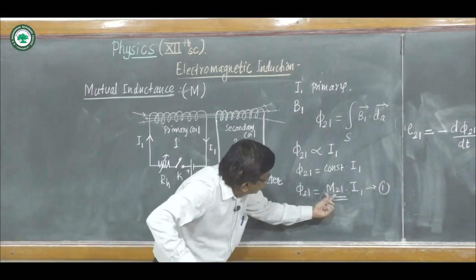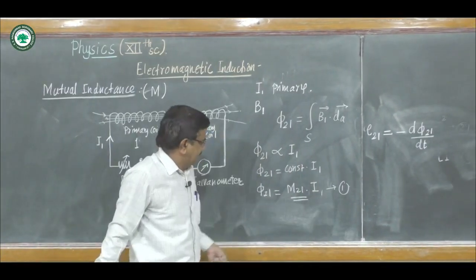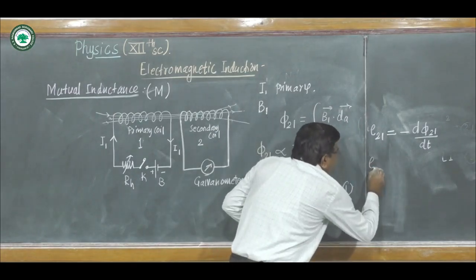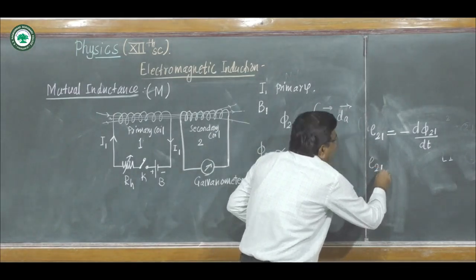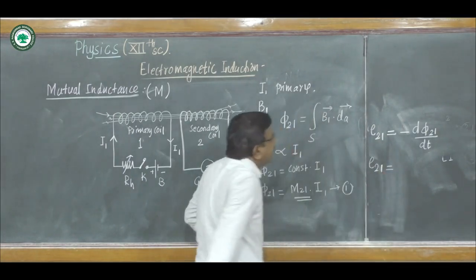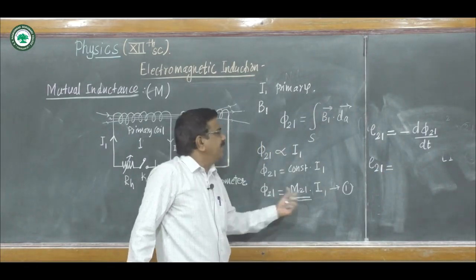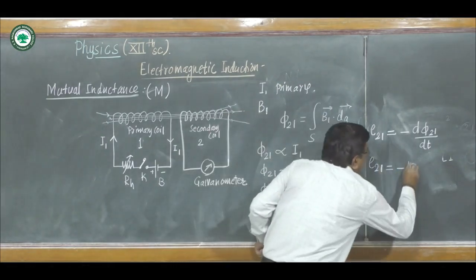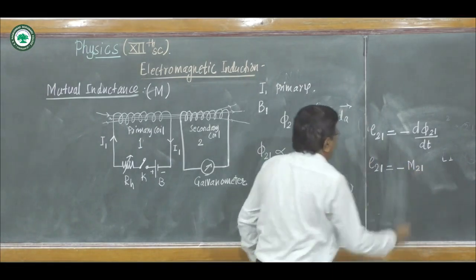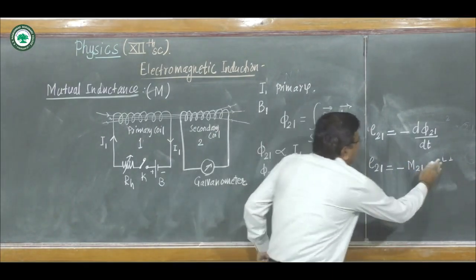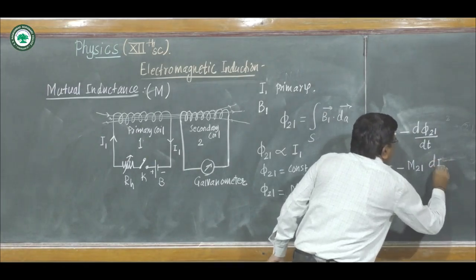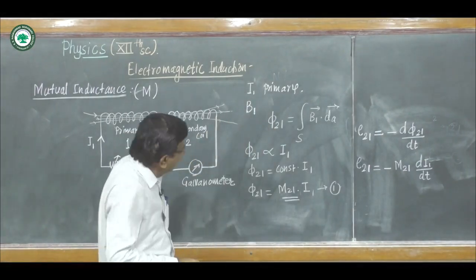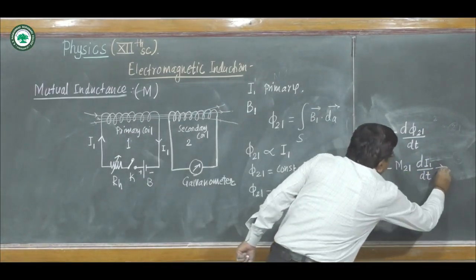But this phi 21 is M21 into I1. If we substitute this value here, we get the EMF induced in the secondary due to the primary coil, equal to minus M21 di1 upon dt. Suppose this is equation number 2.